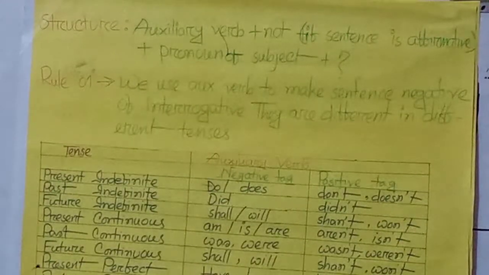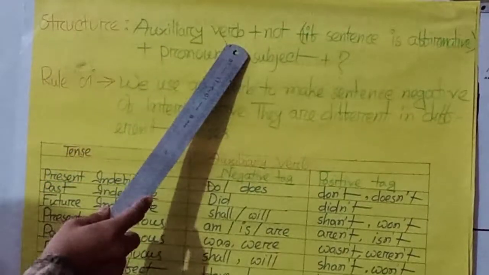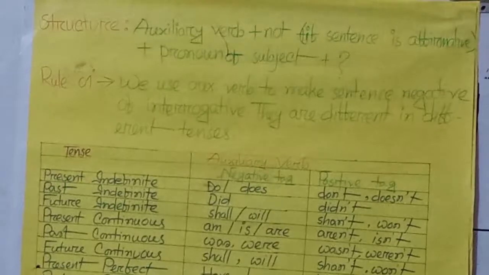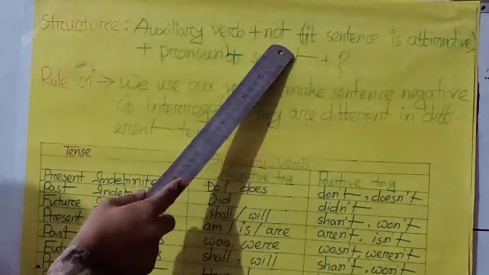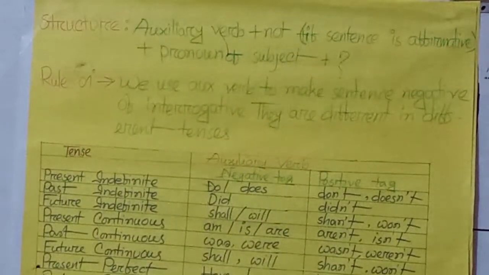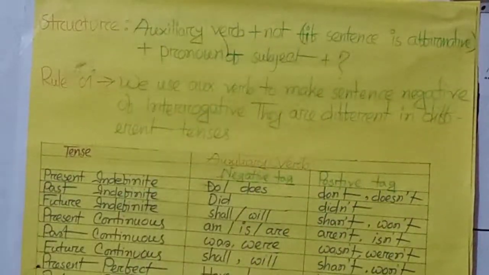Dear students, now we are introduced to the structure of tag questions. At first, we use the auxiliary verb of the same sentence of the statement. Then comes not. And there is a condition. If the sentence is affirmative, we use not.